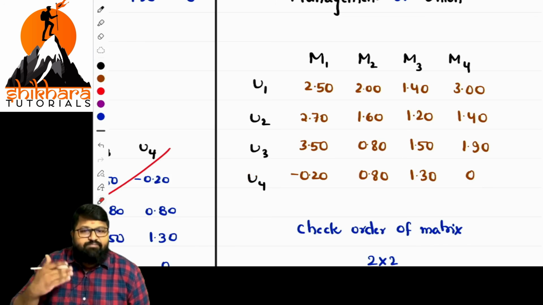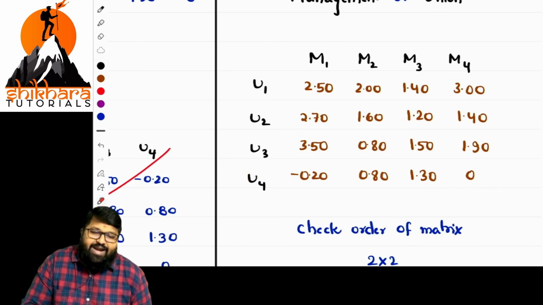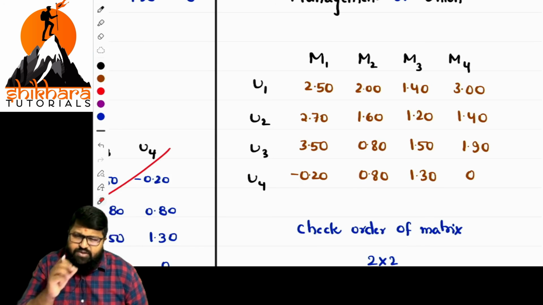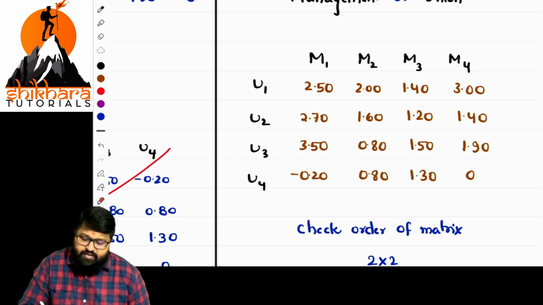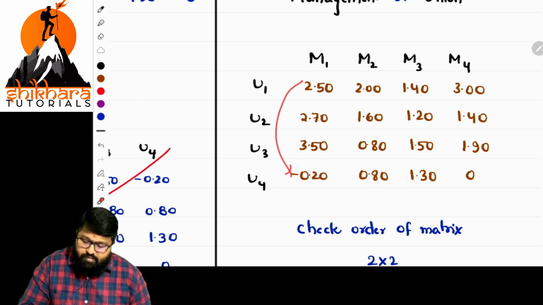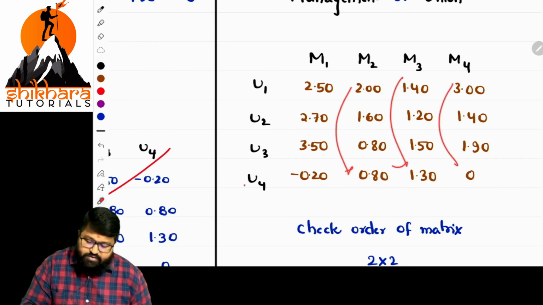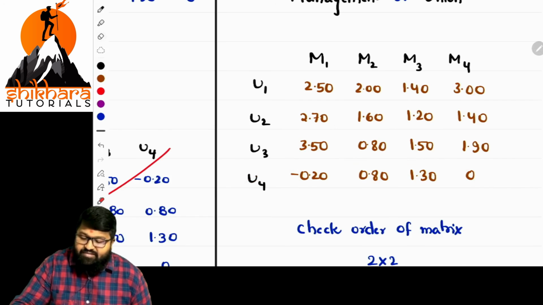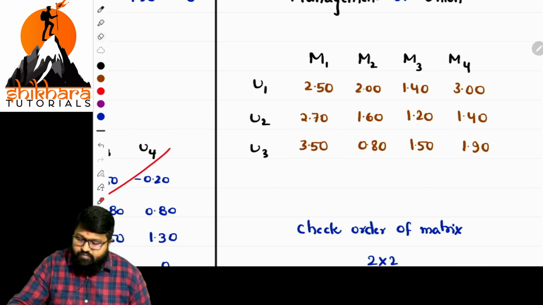A simple process: try to identify the rows with the least values, either all are least values or at some point they are equal. So -0.20 is less, 2 is less, this is less, and this is less. So eliminate this one.